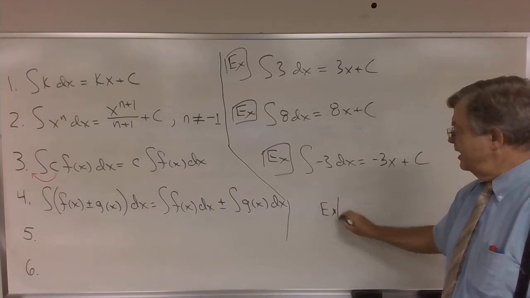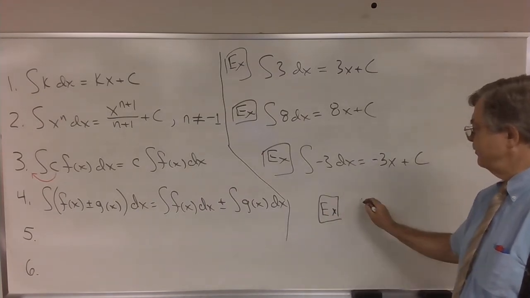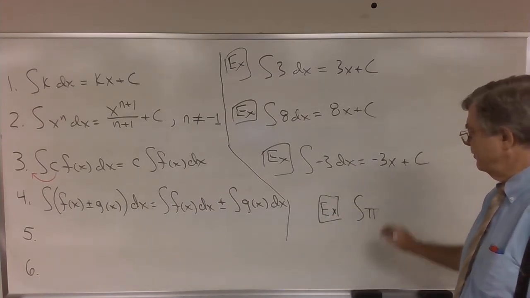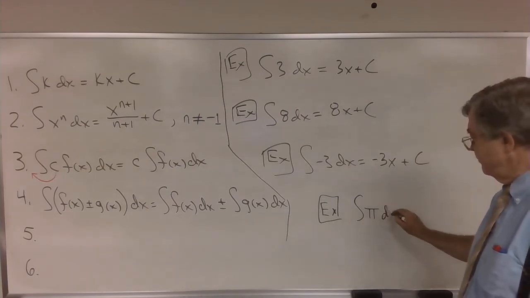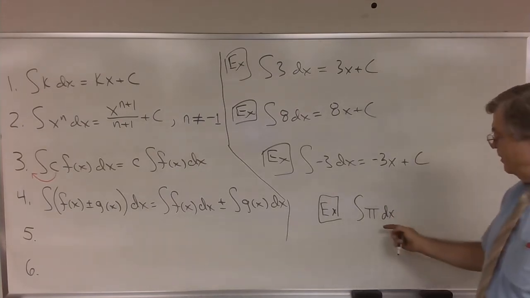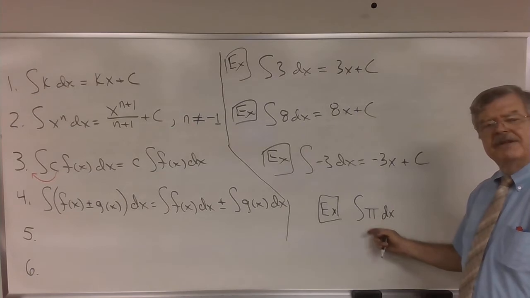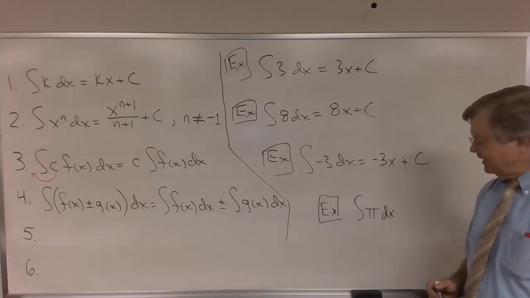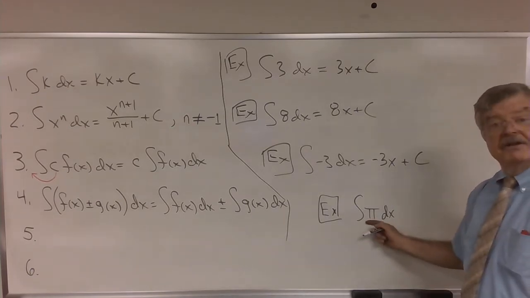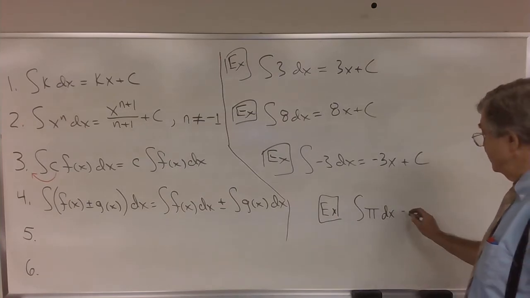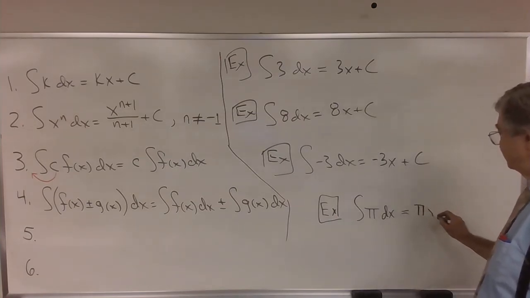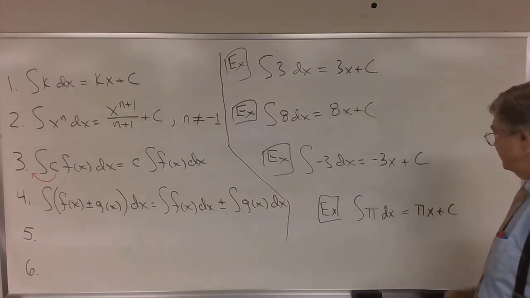Now, how about this? What about that? The antiderivative of pi. Pi is a constant, right? So we should get pi x plus c.